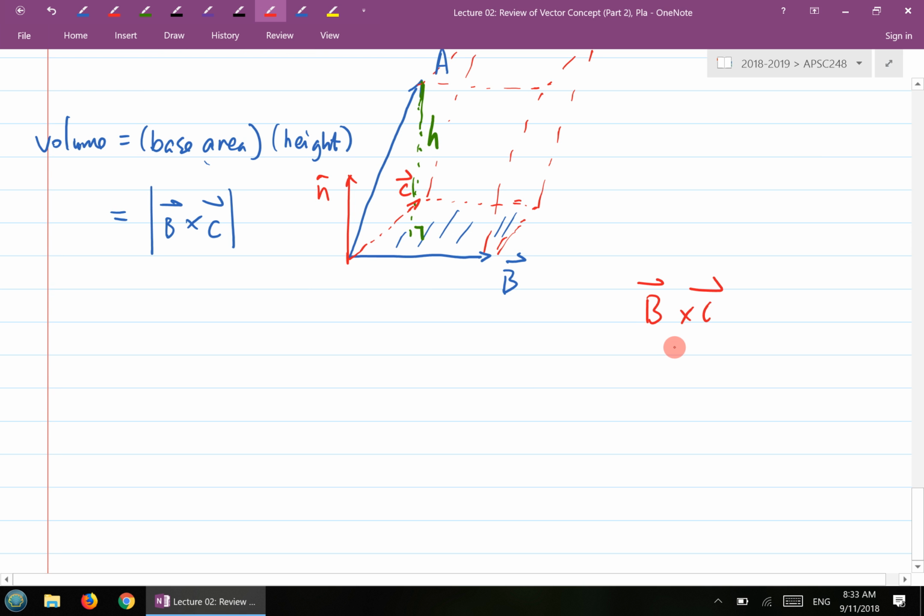So what do we do then? Absolutely, excellent. You divide it by its magnitude. That gives you the n hat. See, that's logical thinking here, making use of all the little puzzle pieces. So now the height h equals A dot n hat.